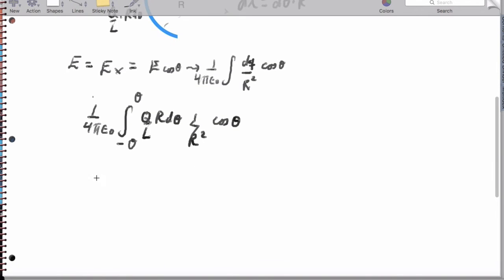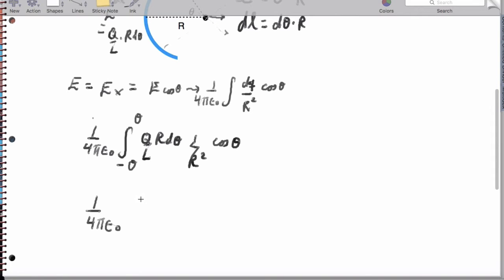As we continue here, we're going to get 1 over 4 pi epsilon naught. Let's factor out all that we can, so q over r times L when I do some cancellation. Then we're integrating cosine of theta from negative theta to positive theta.